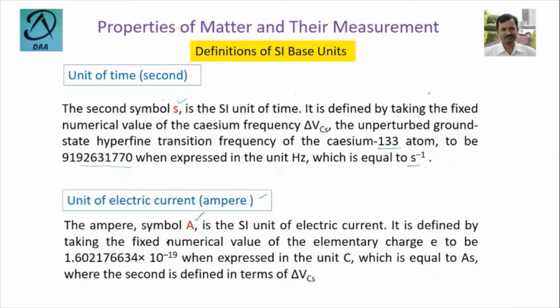It is defined by taking the fixed numerical value of the elementary charge, small e, to be 1.6021766634 multiplied by 10 to the power minus 19, when expressed in the unit capital C, which is equal to A s, where the second is defined in terms of, again, the cesium frequency, whatever we discussed above.